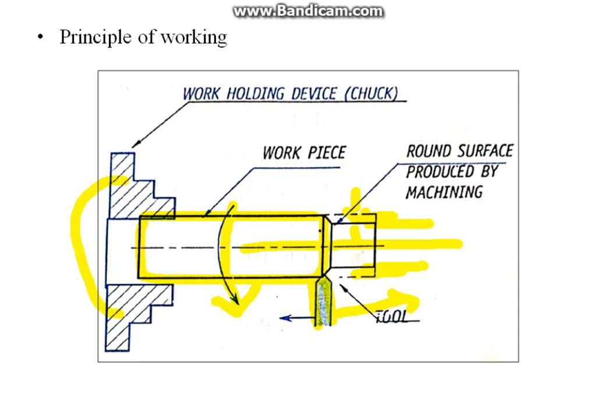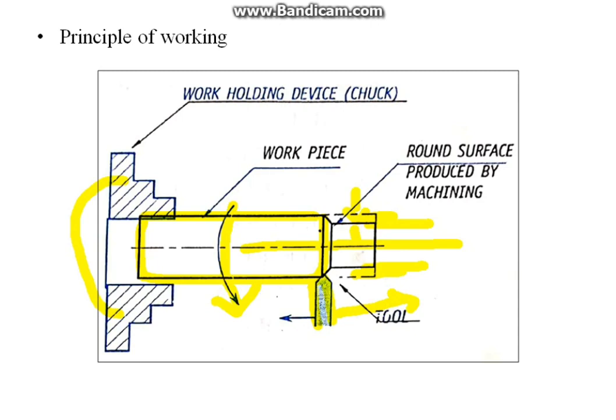The main function of the lathe is to remove the metal from the workpiece and give it the required shape and size. Here the workpiece is held rigidly by the work holding device called chuck and rotated at a uniform speed.